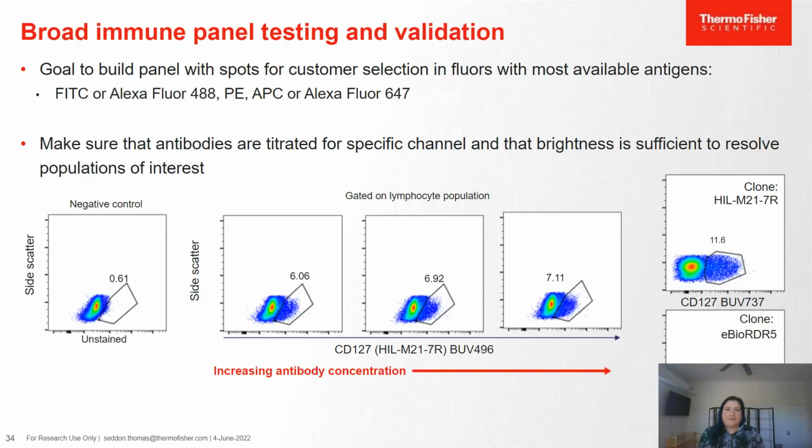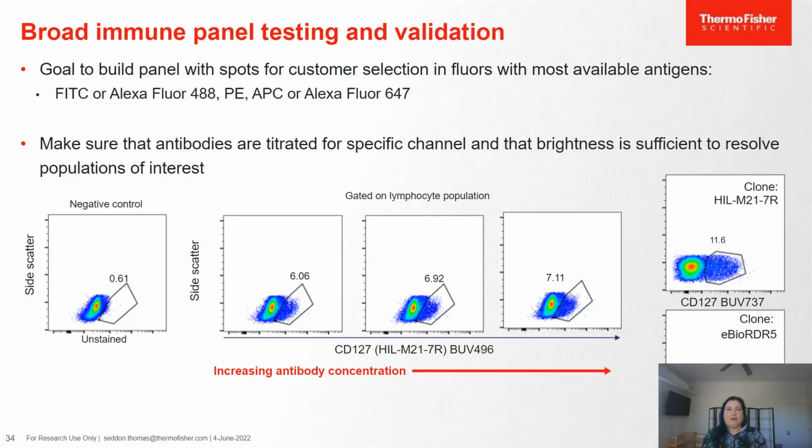The next thing that you really have to deal with is making sure that your antibodies are titrated for the specific channel and brightness that is sufficient to resolve populations of interest. This is important no matter what cytometer you're using, but it can also be an issue that an antibody dye pairing is suboptimal. In this case, in my initial positioning, I was putting CD127 on BUV 496.